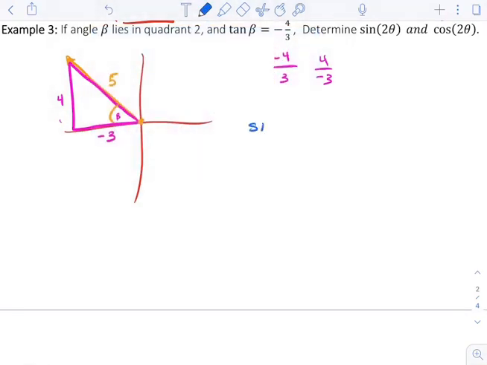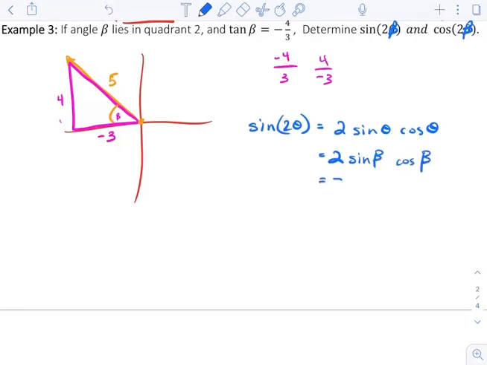So this one asks us to find sine 2 theta. Well, I know that that is 2 sine theta cos theta from our formulas above. Now, in this case, our theta is angle B. So we're looking for double angle B. So I'm looking for sine B, cos B. And let's calculate them.